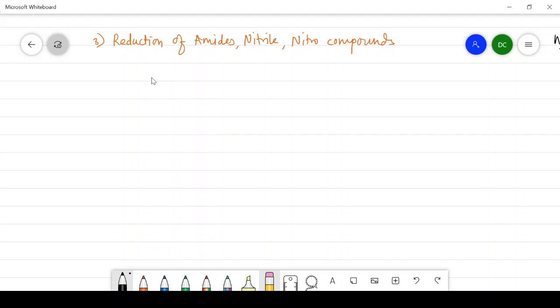Now let's see the structure of this amide, that is RCONH2. This is the general structure. Then nitrile, that is RC triple bond N, nitro group, that is RNO2. All these compounds contain nitrogen, and along with this azide, that is RN3.